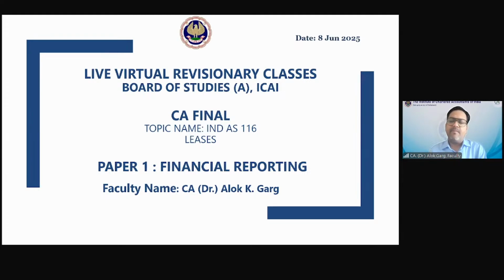But about 4 to 5 years down the line from 2015, in 2019, a new standard was notified in line with the new standard on leases globally. From 1st April 2019, effective financial year 19-20, Ind AS 116 was notified.